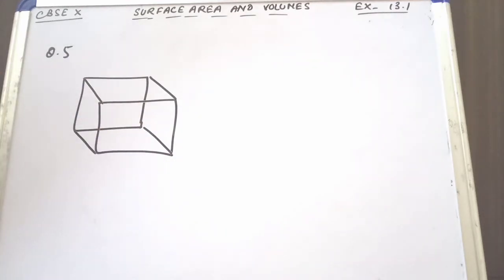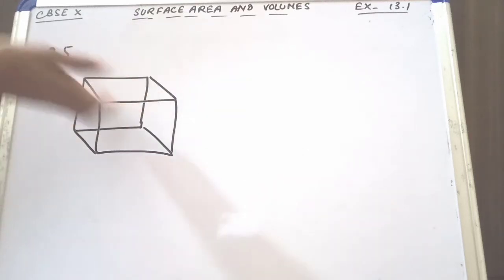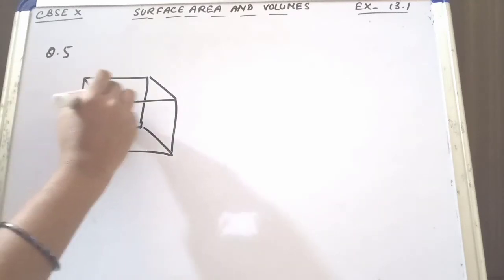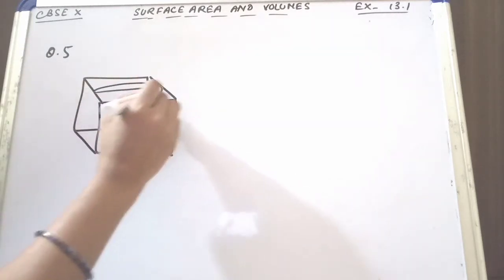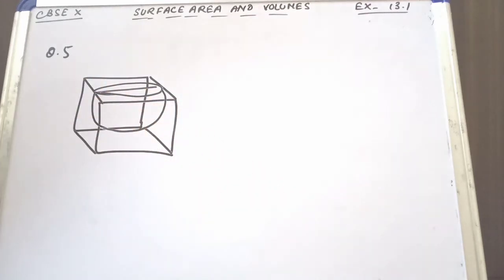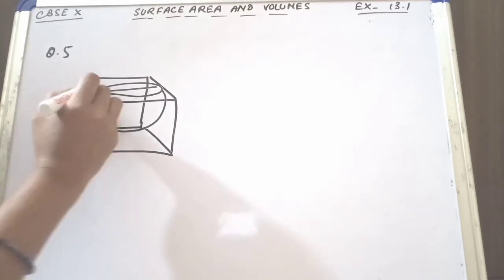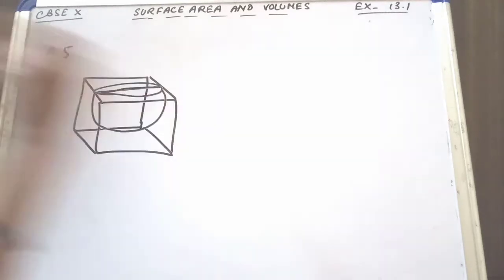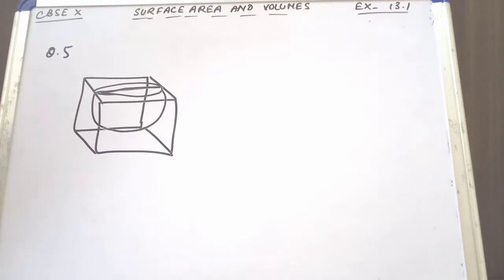Now a hemisphere is cut out. They had told us a hemisphere is cut out from inside this box, where the diameter of this hemisphere is equal to the edge of the cube.